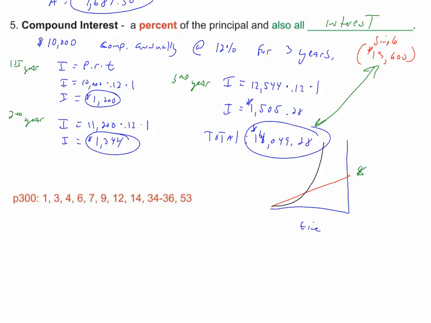Oops, I should do it like this. Whoa, I don't want that. Leave that where it is. It would look like this. An exponential curve up. Big difference.